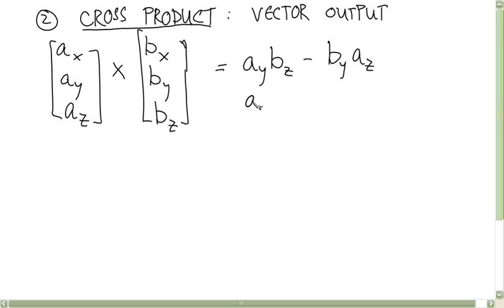Then AX BZ minus BX AZ. And when you take linear algebra and work with vectors, you notice Y always has to be difficult.